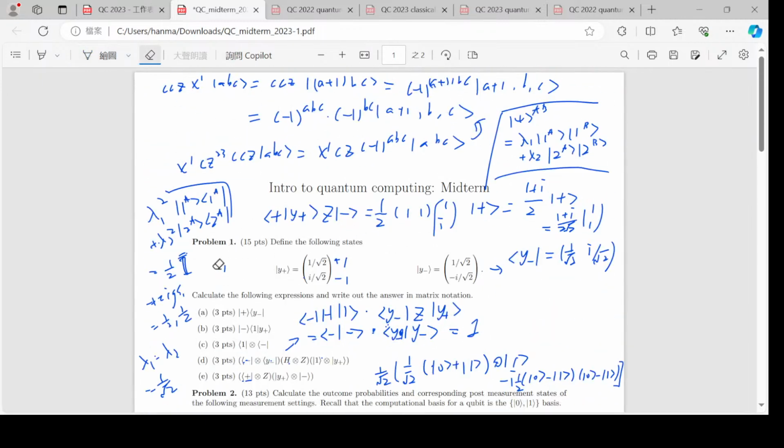So we know rho B equals, the same thing, 1/2 the projector 1B, 1B, and 2B, 2B, right? But we know this 1B, 2B is also an orthonormal basis.